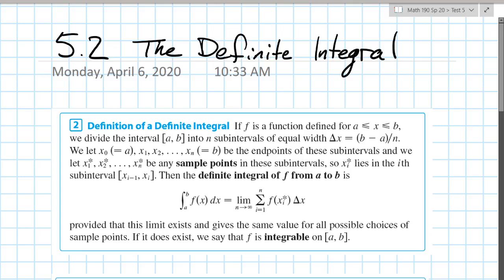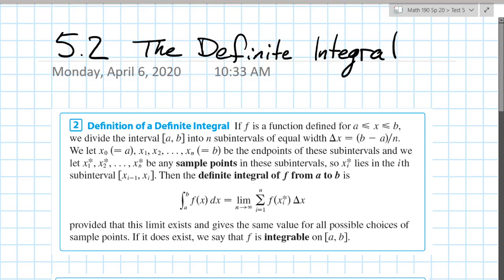We let x sub 0 equal a, and all the way up to x sub n equal b are the endpoints of the subintervals. And then we can take any sample point in the subinterval. So x1 star would lie within that first interval from x sub 0 to x1.